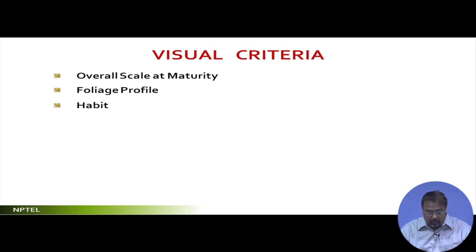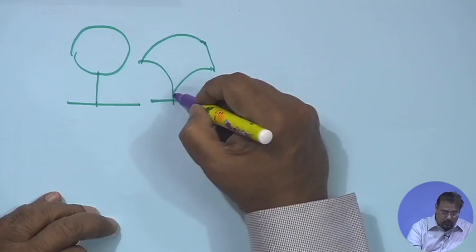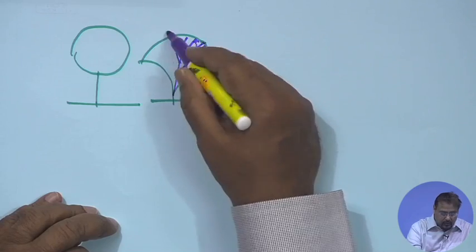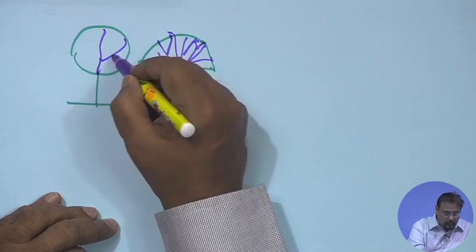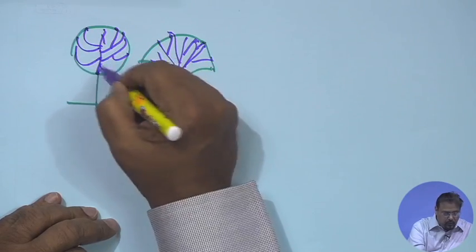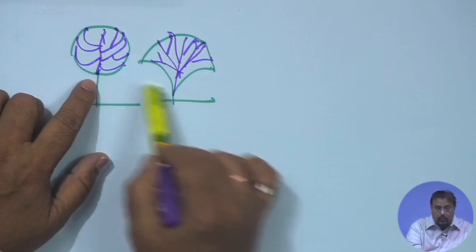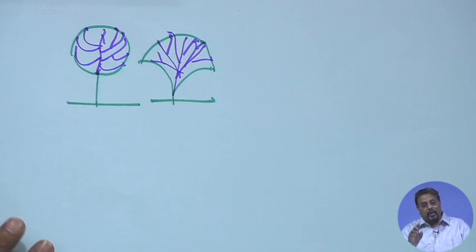It is something like this: if suppose we take this particular picture, in which I see that they have the branching like this, or it is like this. If you overlook the actual foliage profile, then the rest of the things that is left is the branching, and that is what is called habit.